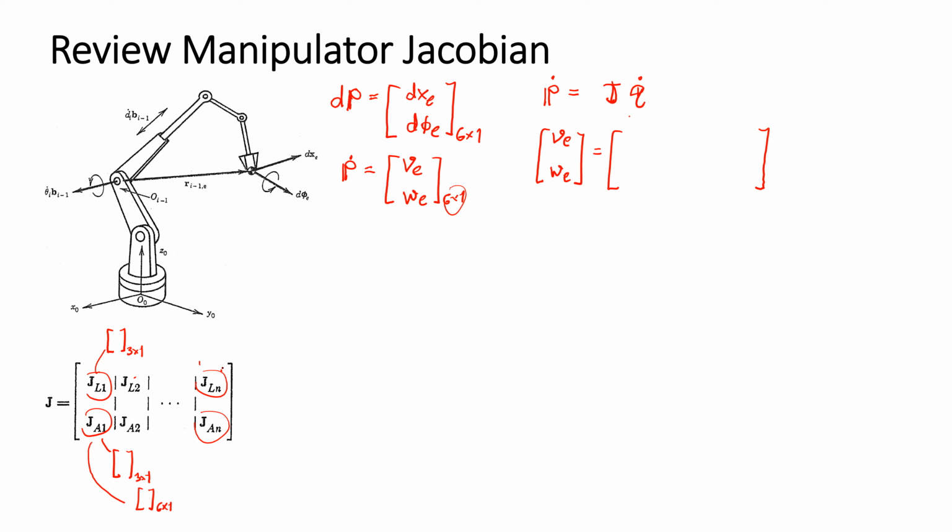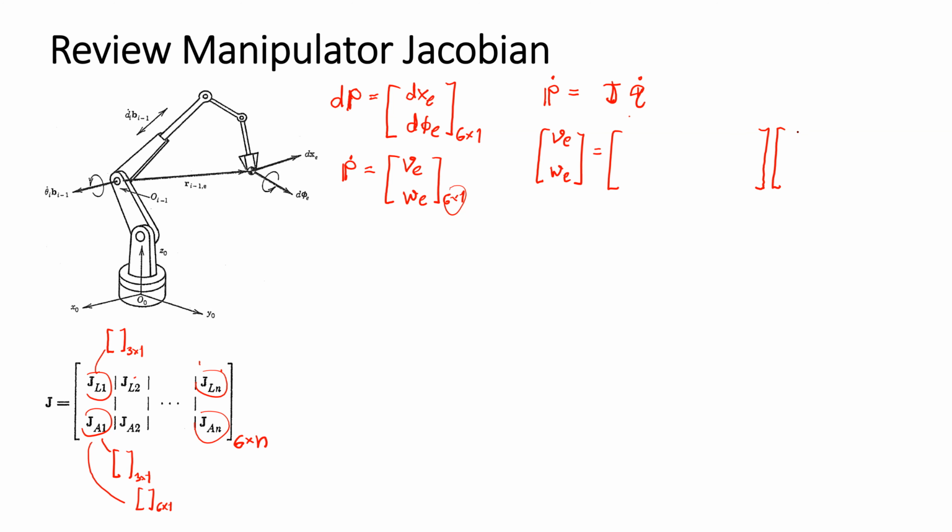So the number of rows of the Jacobian matrix is fixed. The number of rows needs to be 6, but the number of columns depends on the number of joints that we have.